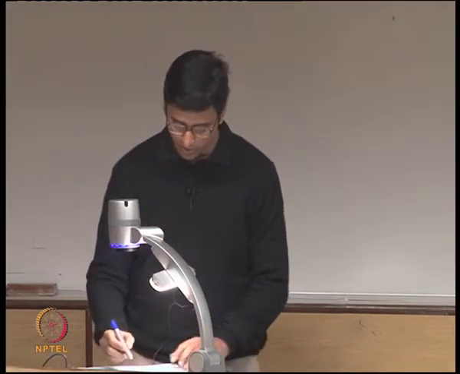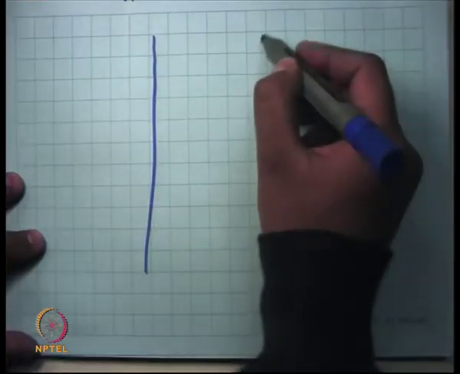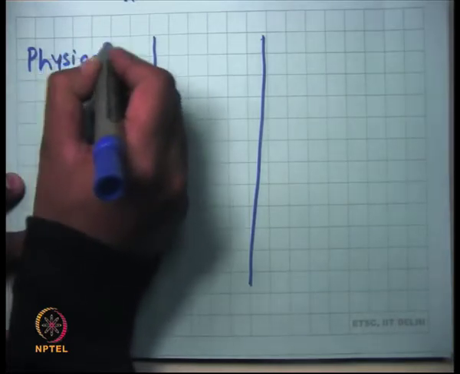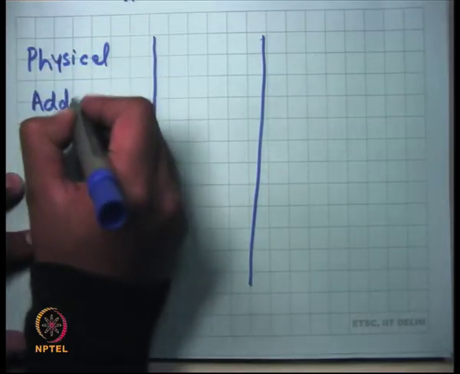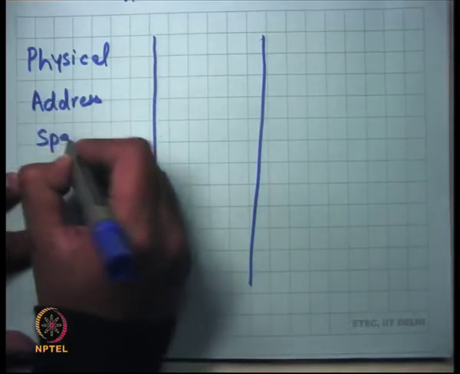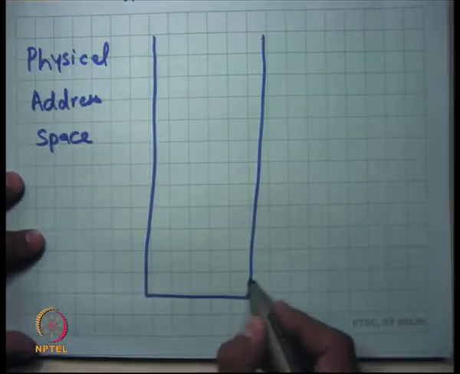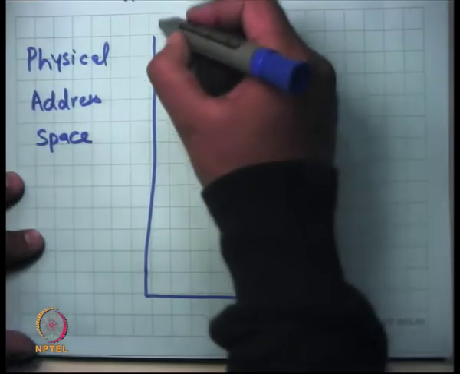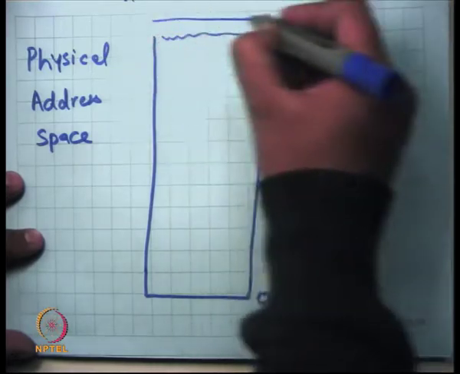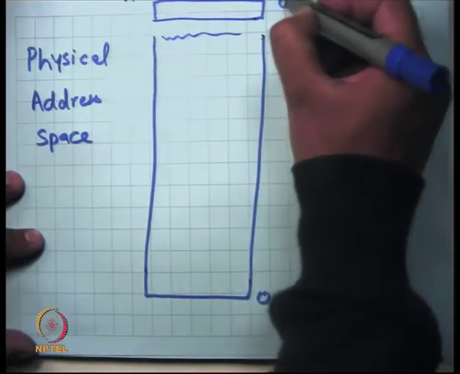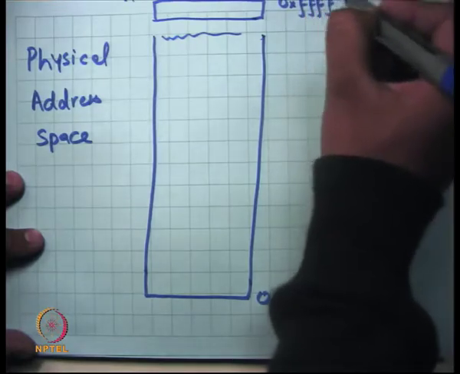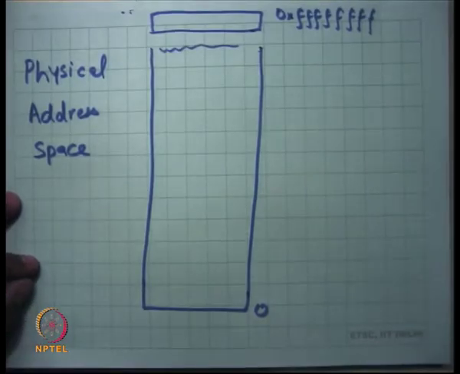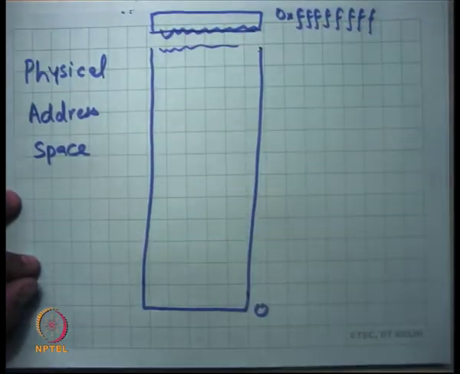Okay. So let's draw the address space, which I'll call the physical address space. Let's say it starts at 0, all right, and it potentially goes all the way up to 2 to the power 32 minus 1, all right.